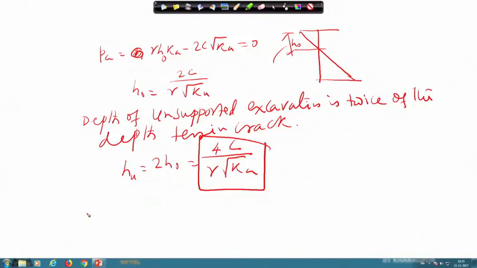Now, Ka can be calculated from here. With phi 20 degrees, Ka is 1 minus sin 20 degrees by 1 plus sin 20 degrees.